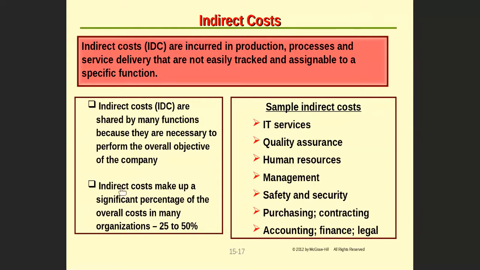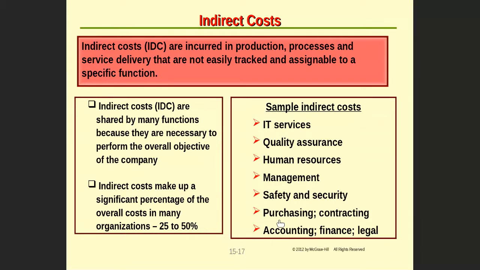Usually the indirect costs make up a significant percentage of the total overall cost, from 25 to 50%. So a minimum of a quarter of the total cost comes from the indirect cost. And these are examples of the sources of the indirect cost.